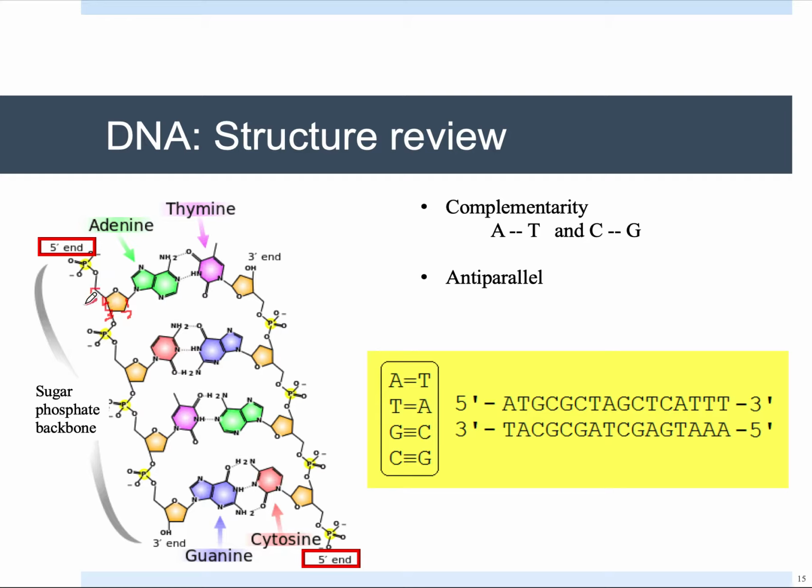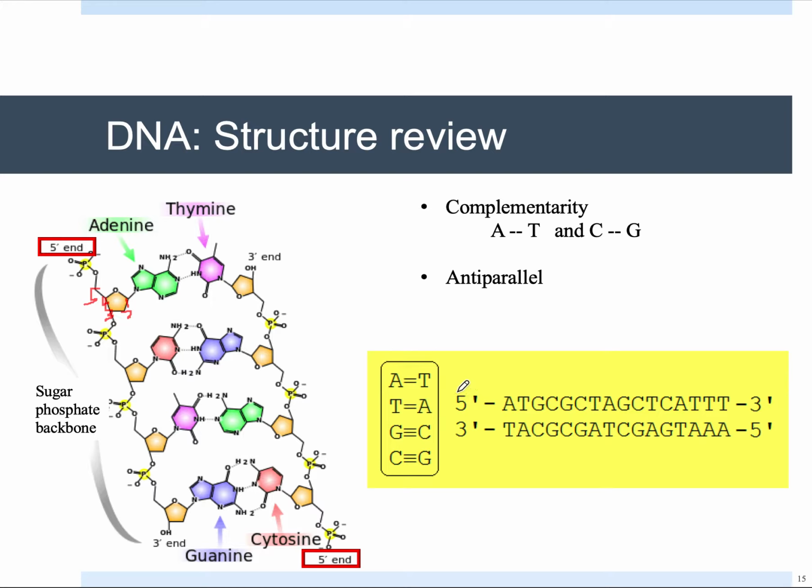Note that the bond is formed between the 3' and the 5', like this. So you have a 3' end here, and you have the 5' end here. For the other strand, you have 3' and 5' like that. So they are complementary and they are anti-parallel.